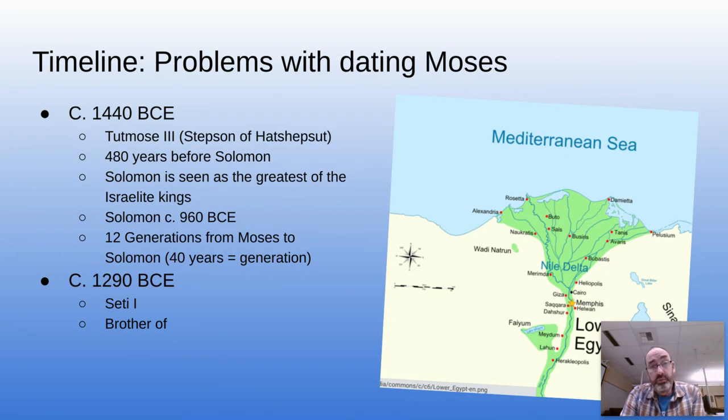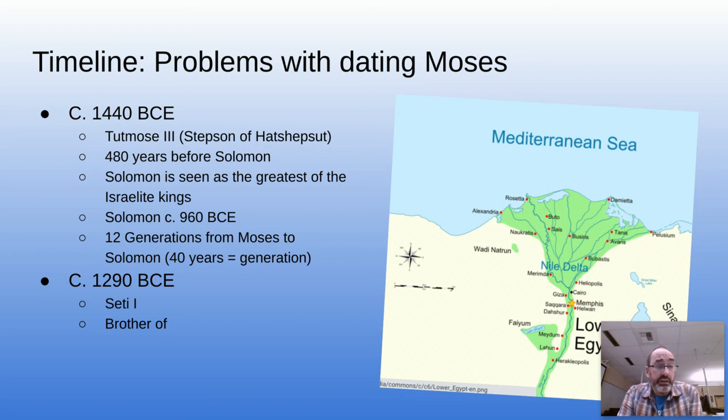Now, Solomon was the primary king of, not Egypt, but of Israel. And Solomon is the son of David. He is the 3rd king of Israel. He is seen as the pinnacle or the peak of Israeli life. And so we go back 480 years, and that gives us about 1440.